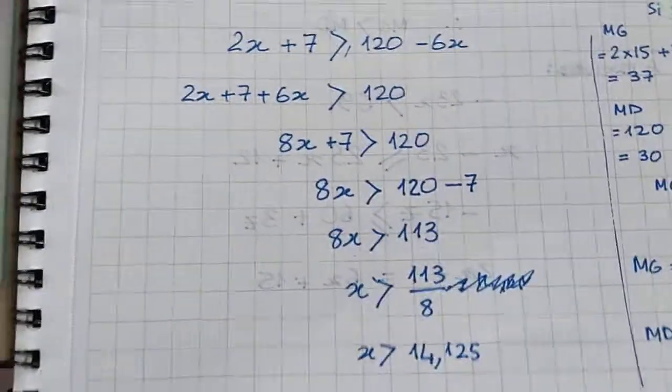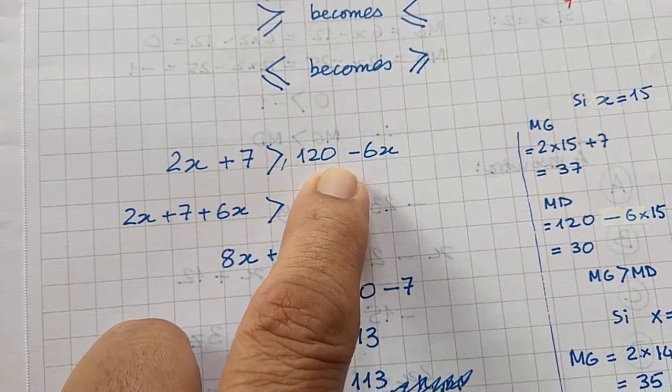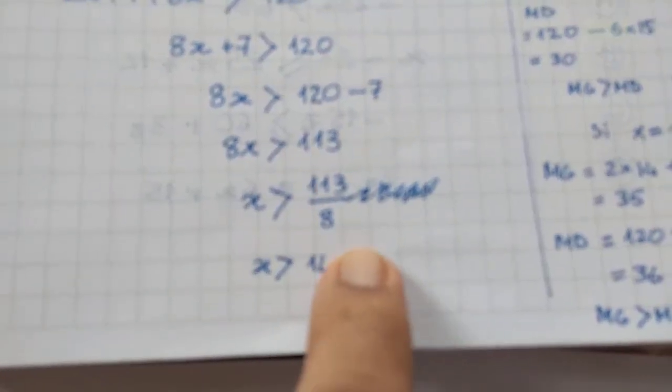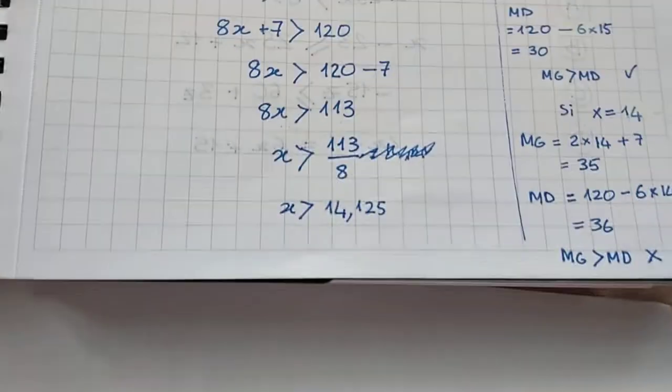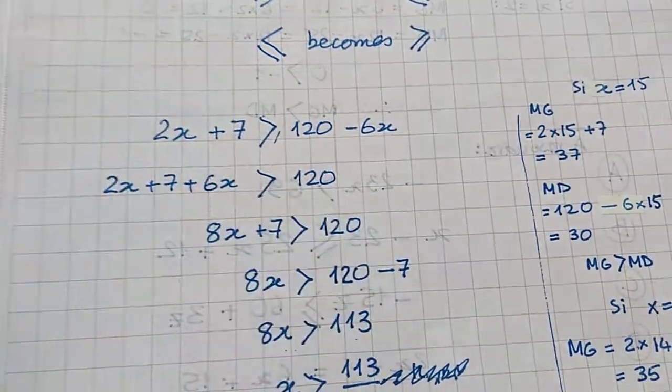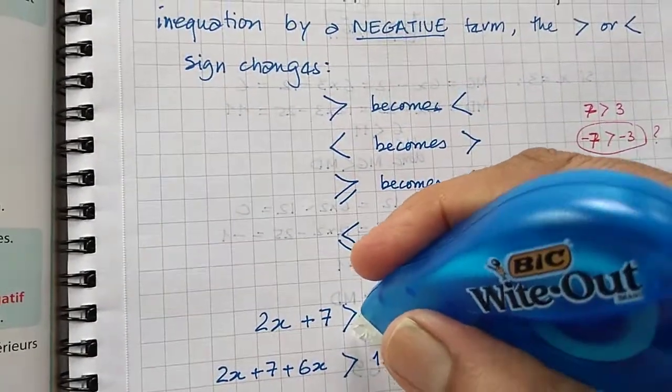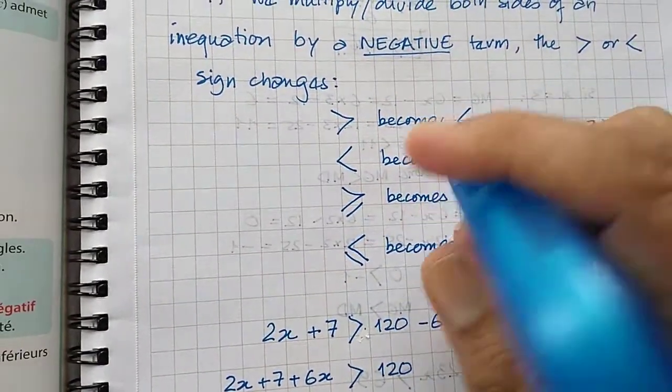But in this case, 14.125 is not a solution of this inequation. Any number greater than 14.125 is indeed a solution to this inequation. I should now just remove that little line that I drew.